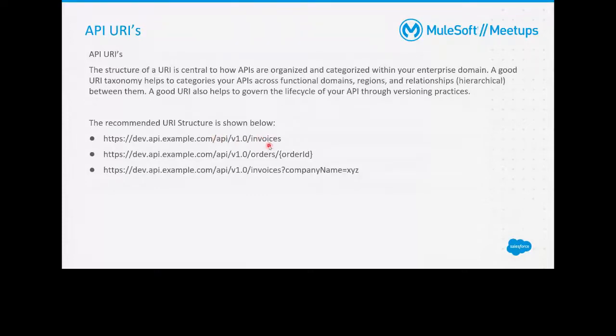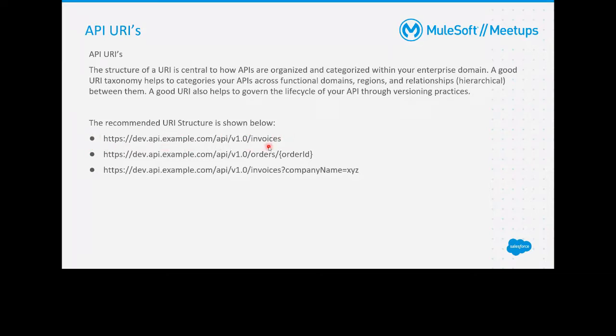So you can have a good taxonomy created, and it can be more of a governing principle when it comes down to the API structure. Let's say there are 4 to 5 teams working on different APIs, and you have a good URI taxonomy created, then it will make sure that all the teams are consistent with whatever they create.